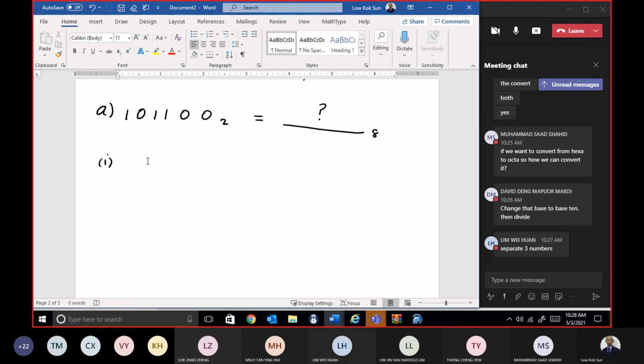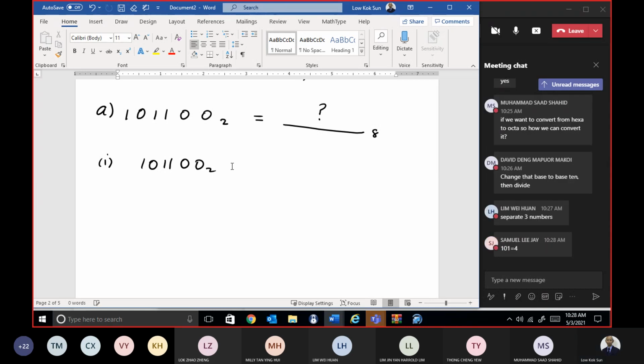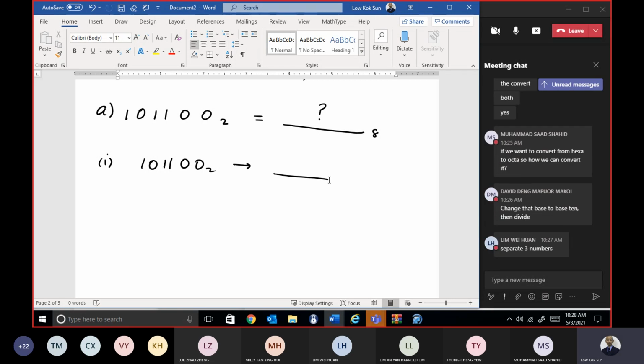What we can do is use one method: we convert step by step. We convert into system 10 first, then from system 10 we can convert into system 8. So we do this in 2 steps.